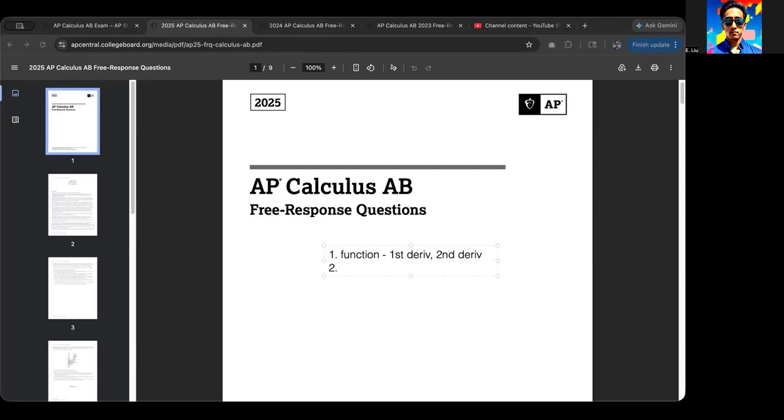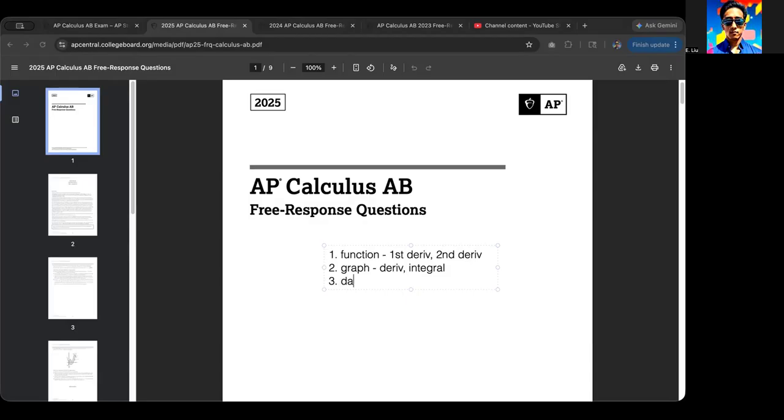The other two options that they can give you is a graph, right? In this situation, with the graph, it's pretty easy to tell if they're going to be asking you a derivative type question or an integral. For the integrals, usually they will show you area under the curve and ask you to define it.